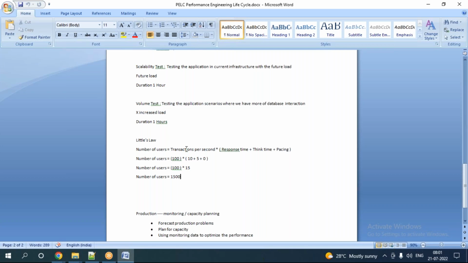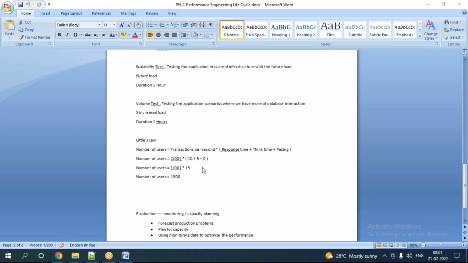Say throughput, that is transactions per second, is given by the customer. You have to find the concurrent users, meaning number of users equals throughput into response time, which means your SLA or the script you are replaying, and the response time you find is coming around 10 seconds.